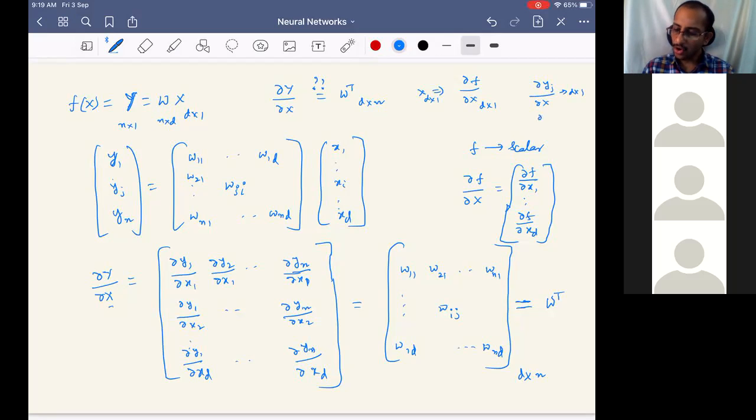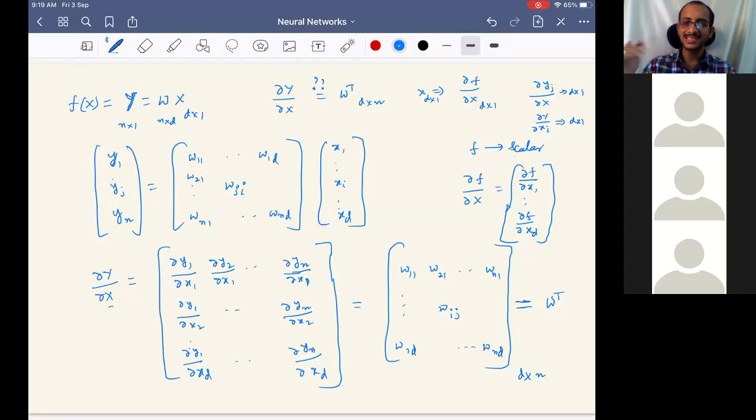Or dou y by dou xi. Even though y is a vector, we may consider it in this case as a row, but if we really put y as a vector, then we can also define it as d cross 1. This depends upon how we define it. But especially when we have a matrix, we have no other option.